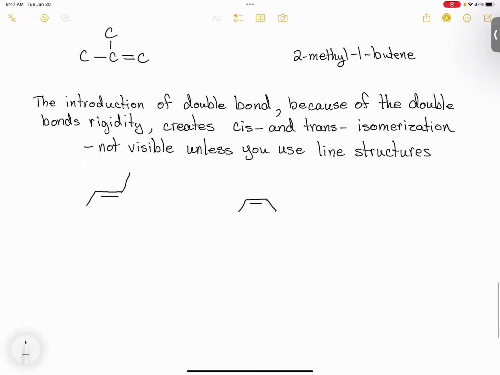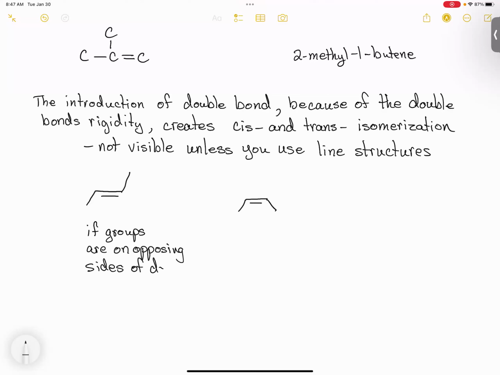If the groups are on the opposite sides of the double bond, then it is a trans isomer.